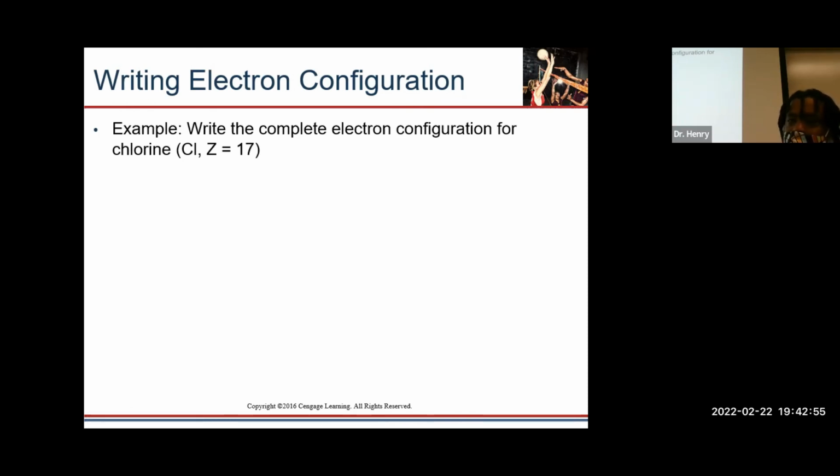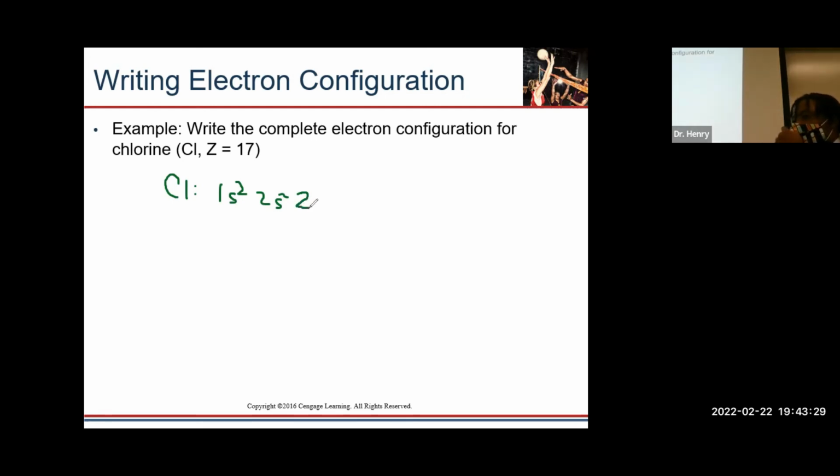So the long way. We have Cl. 1s2, 2s2, 2p6, 3s2, then 3p5. Are you sure you're not missing anything? Remember, go all the way across.